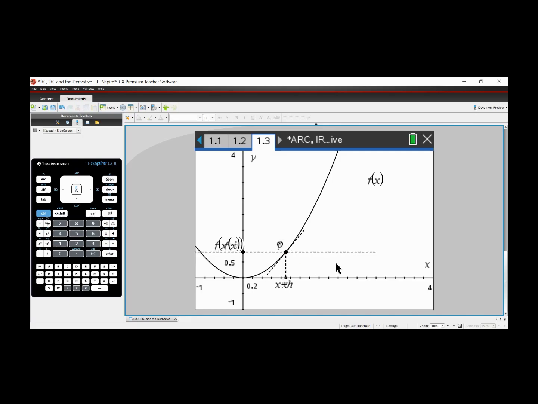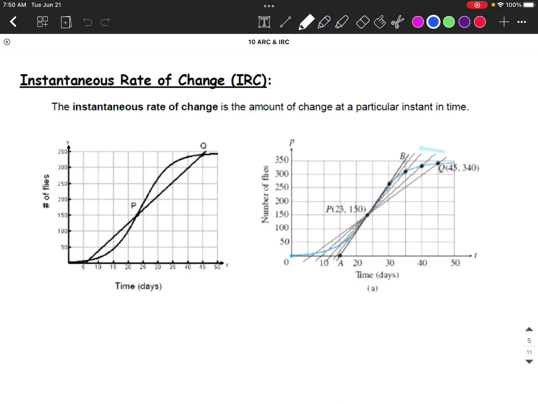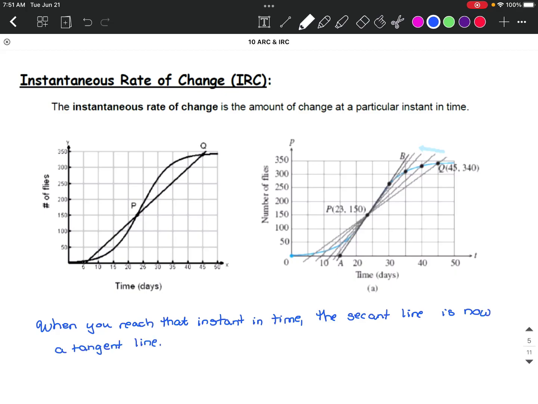So as the length of the interval approaches 0, the slope of the secant is approaching the slope of a tangent line. Okay, let's go write that down. So this picture is a reminder of what we did on the TI Inspire. So you might want to write here that when you reach that instant in time, the secant line is now a tangent line.